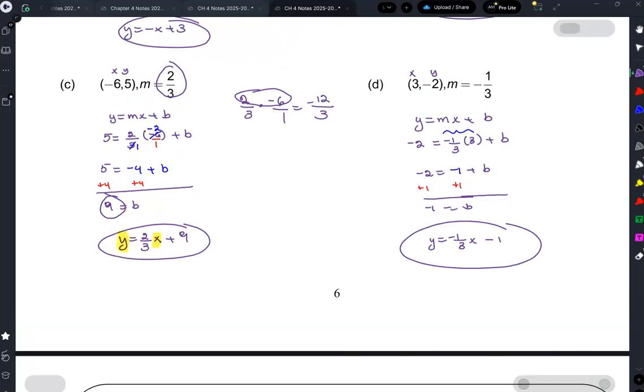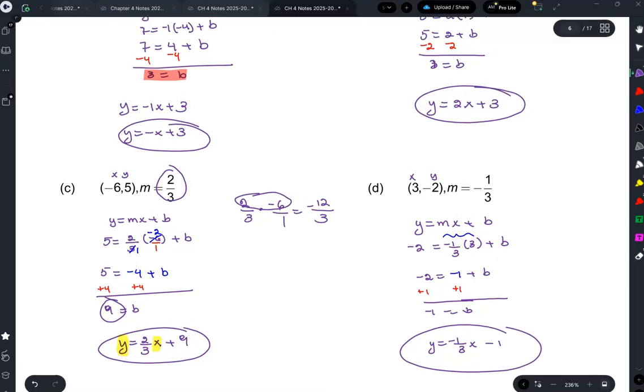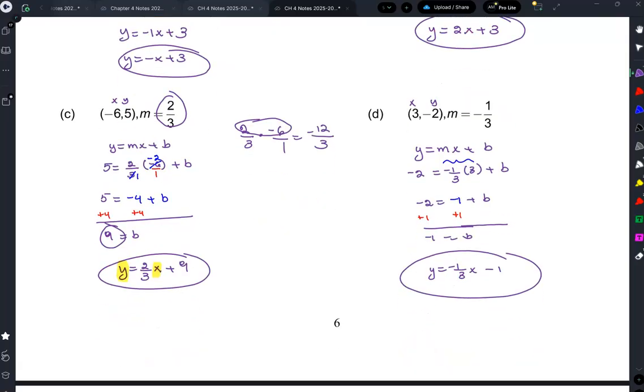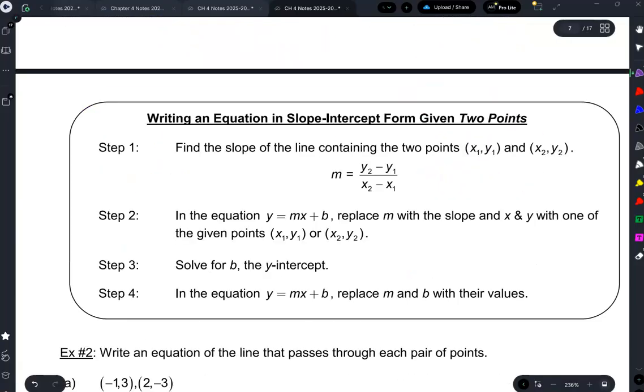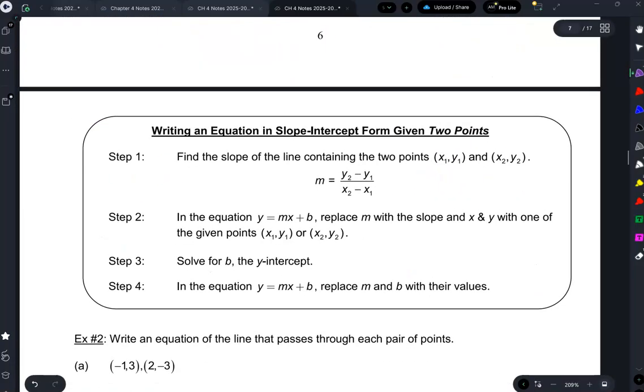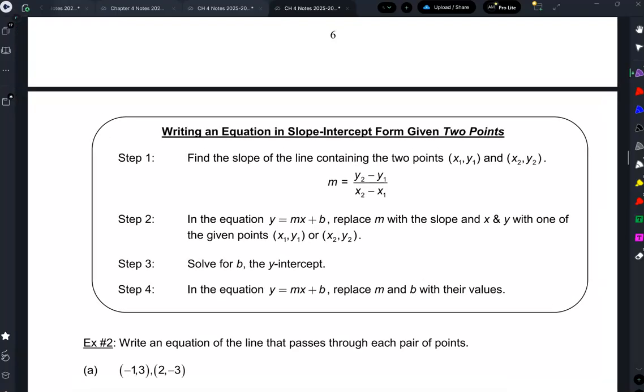Now, you know what? Life was easy here because I was given slope. What if I'm not given slope at all and I'm just given 2 points? Man, now that's an issue. However, if I'm given 2 points, am I able to find slope? I mean, yeah, right?